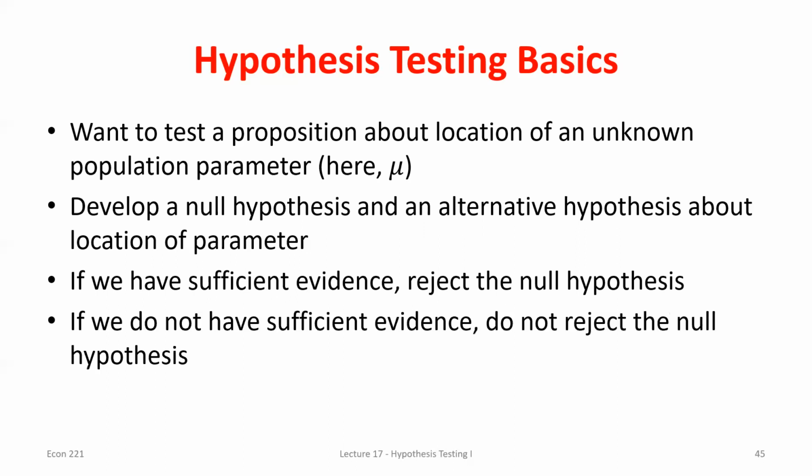So that's where we're going. If we have sufficient evidence, we can reject the null, but if it goes against the null, but not very much, then we're not going to reject it. Or we say we failed to reject that, or we didn't find strong enough evidence to be able to reject our assumption.